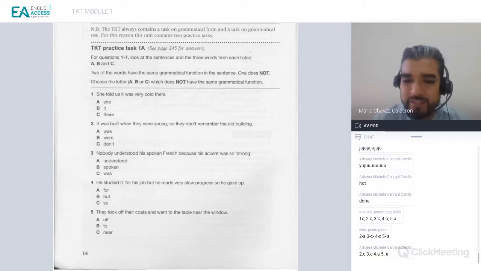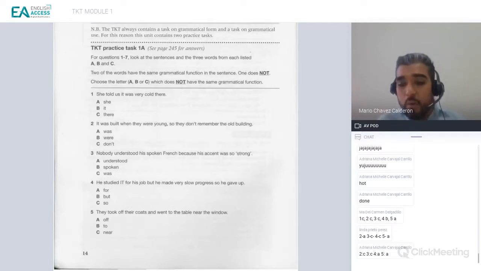Okay, let's see. Number 2, it was built when they were young, so they don't remember the old building. And we have was, where, and don't.